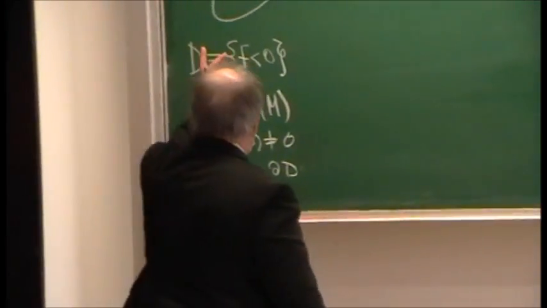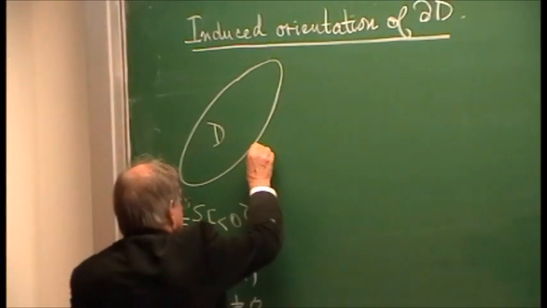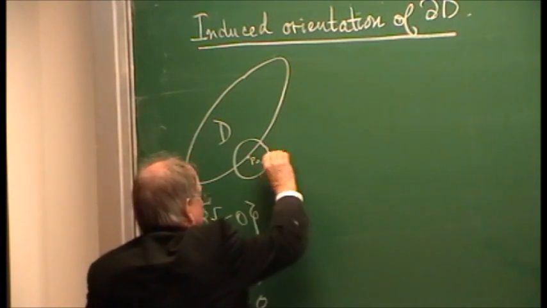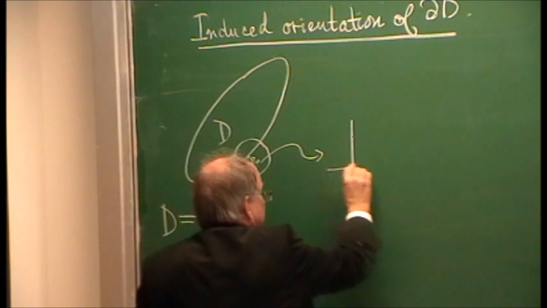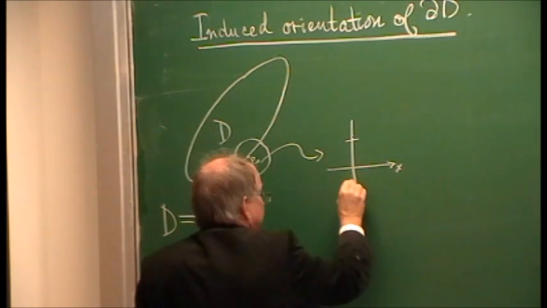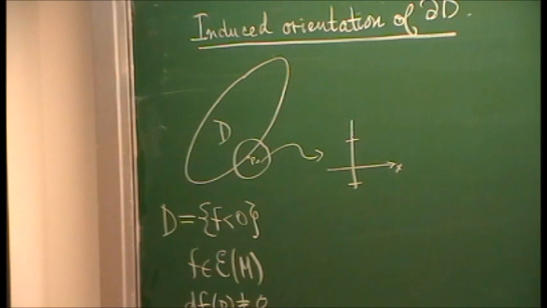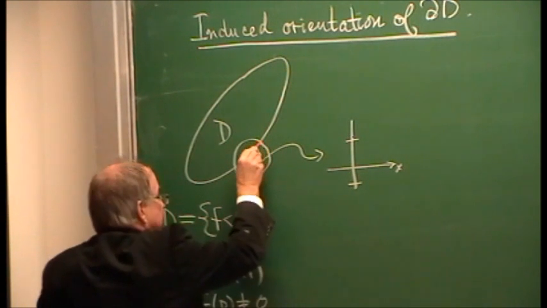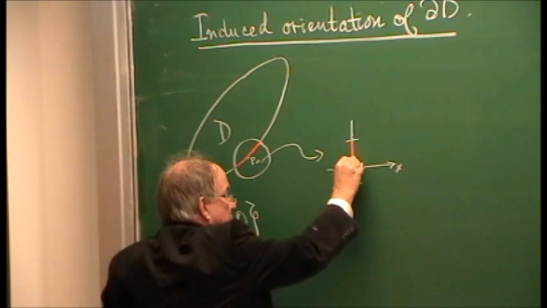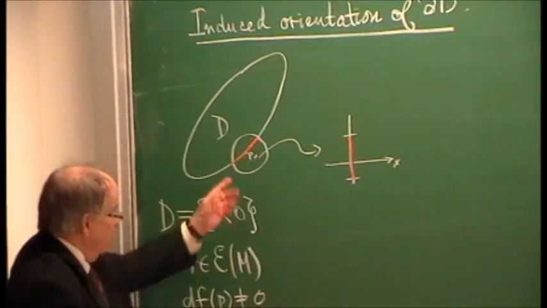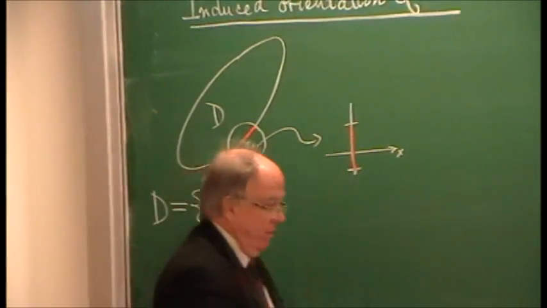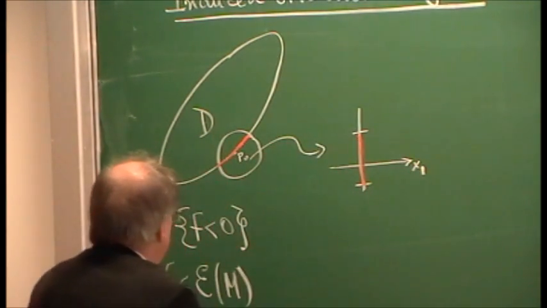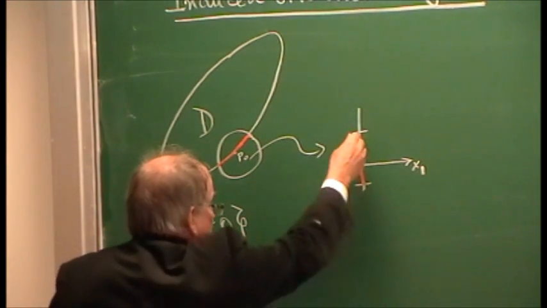Recall that's how we really define this. Locally, using the rank theorem, say this is point P0, you can map this piece to a coordinate hyperplane, the first coordinate equal to 0.